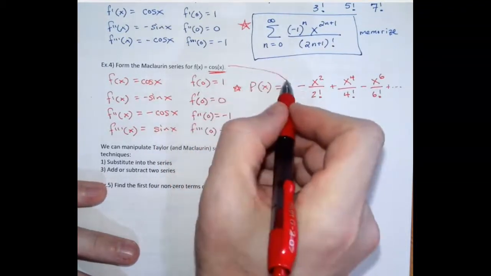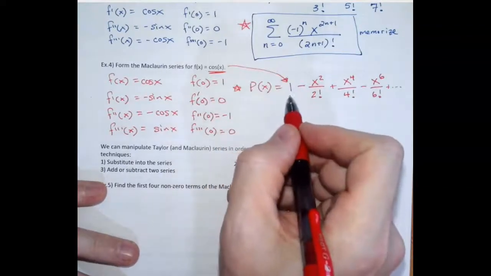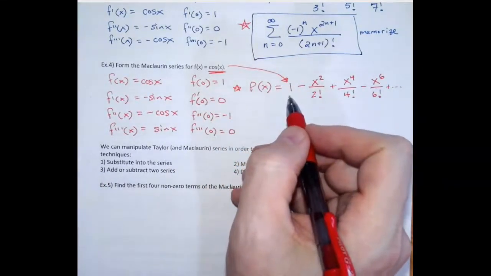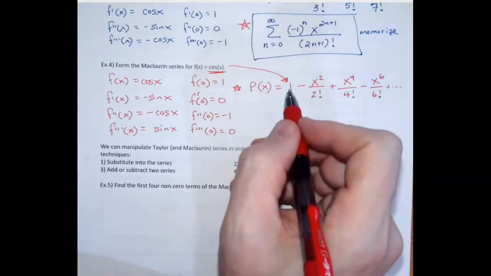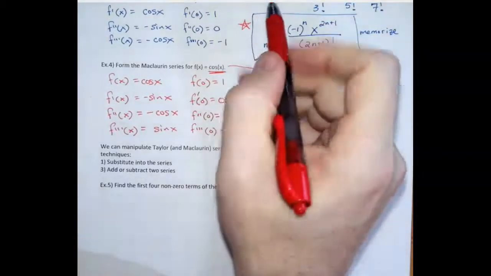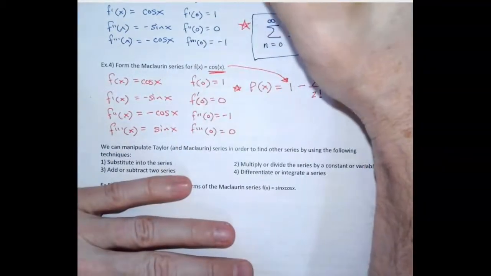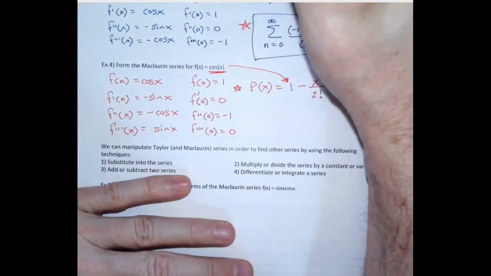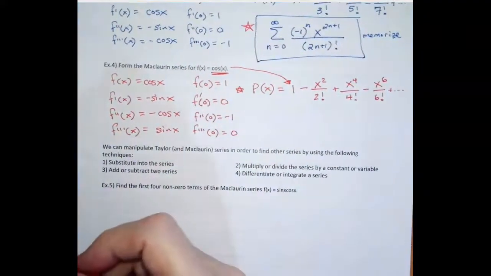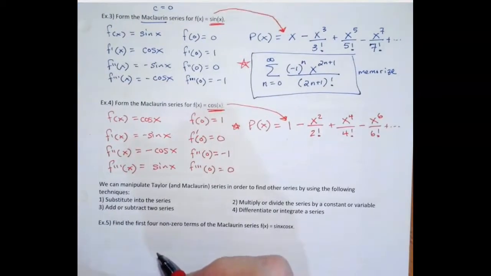So cosine starts at 1, and that actually should be easy to remember because the graph of cosine starts at 0, 1. It starts at 1. And the graph of sine starts at 0. So if you think about it, the constant there is 0. So it kind of matches that idea.